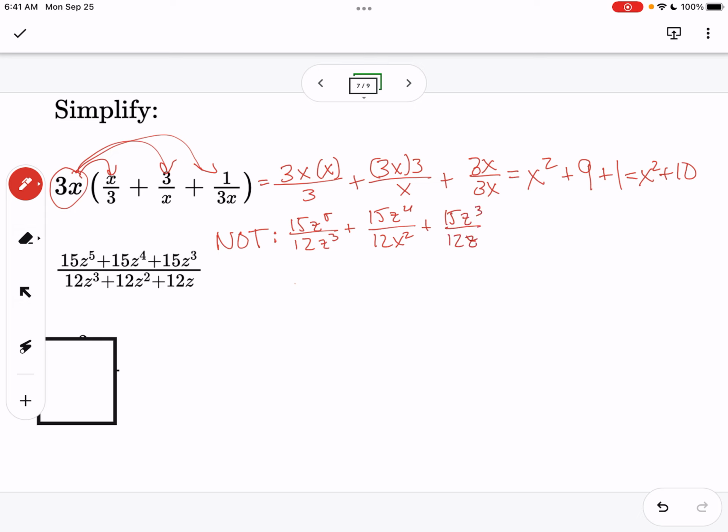Ooh, I wrote an x in there. This is not the same expression. We cannot simplify or break this fraction up based on this addition in the denominator.